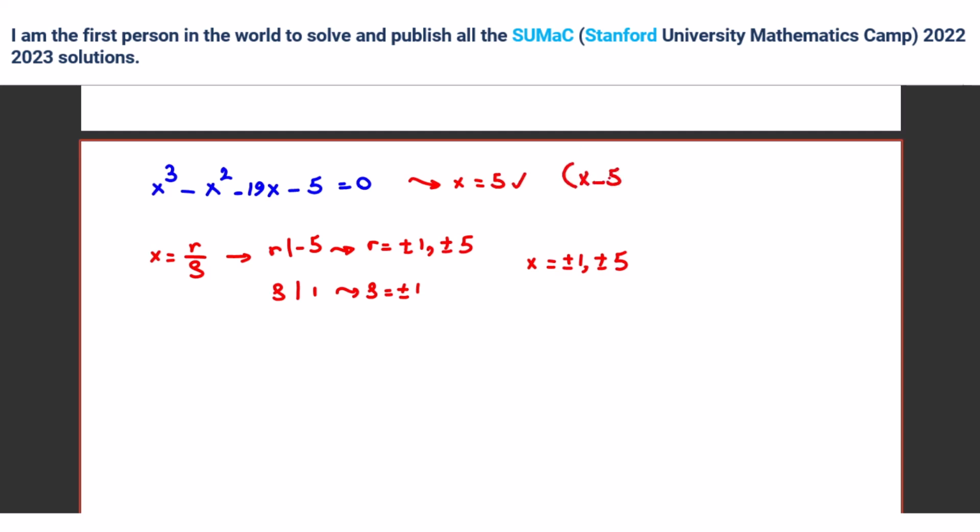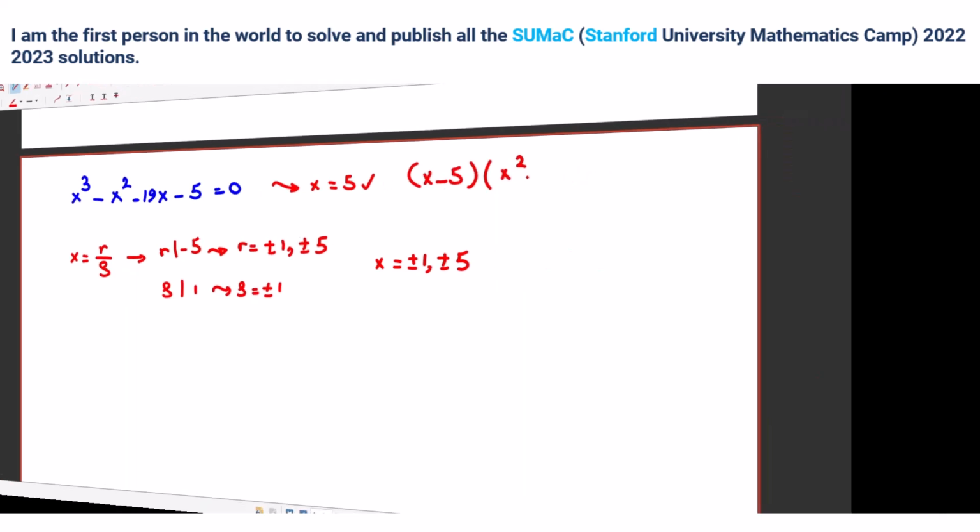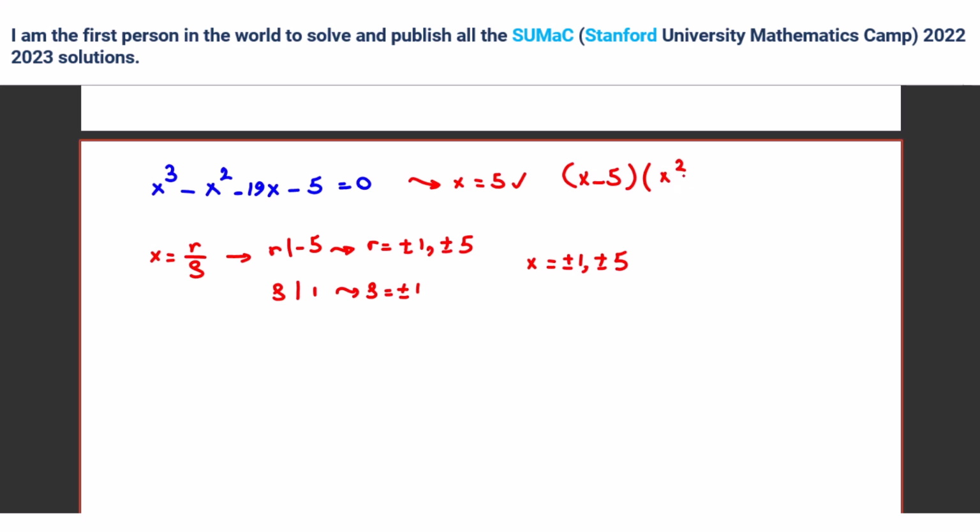It is x minus 5 times what? x minus 5 times x squared, then plus 4x, plus 1. Yes. Let me explain for you. When you place x squared, you get x cubed minus 5x squared.